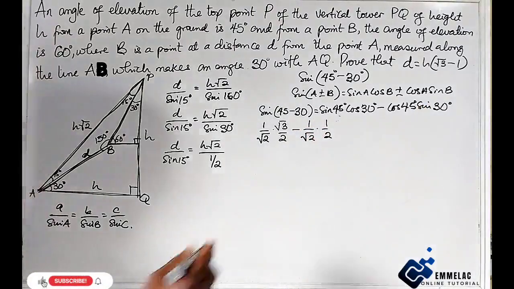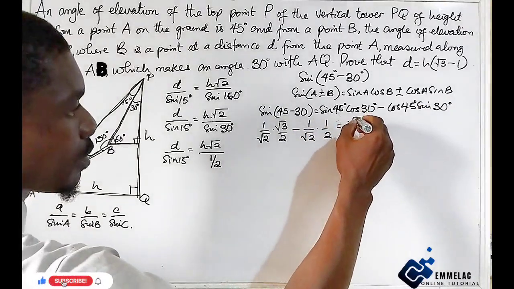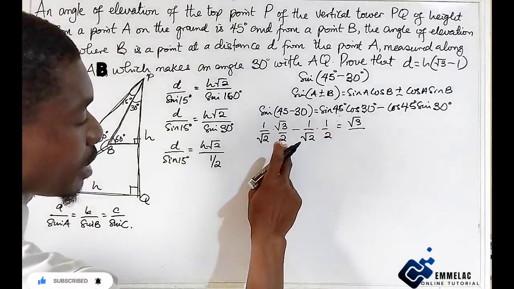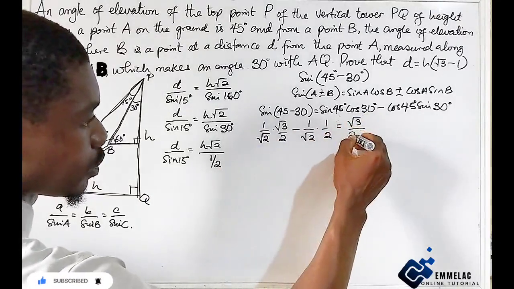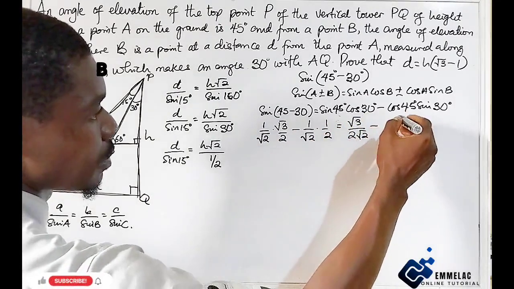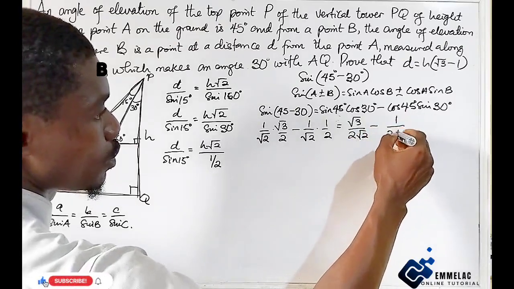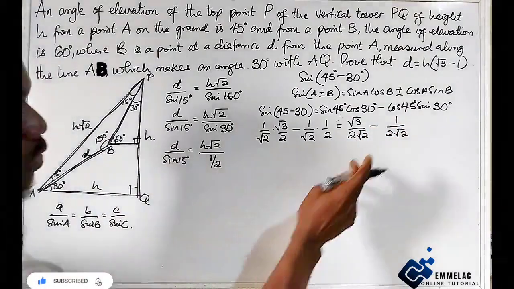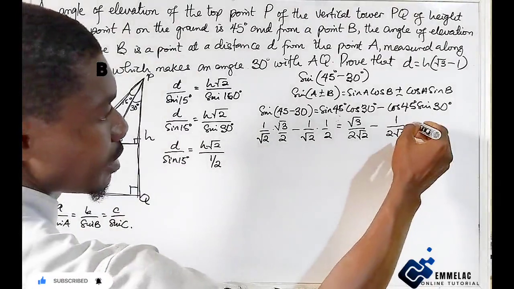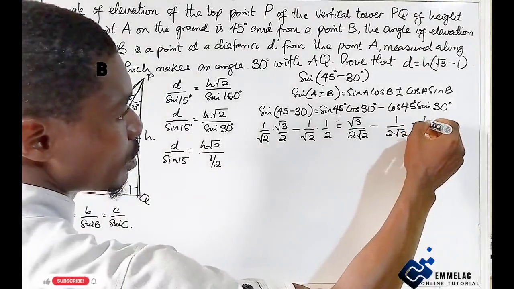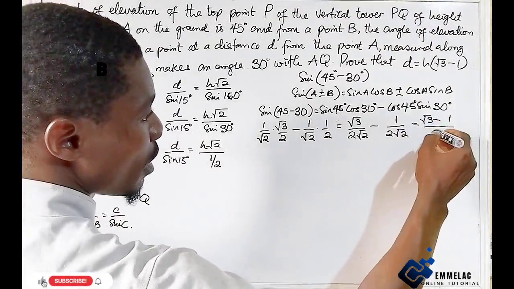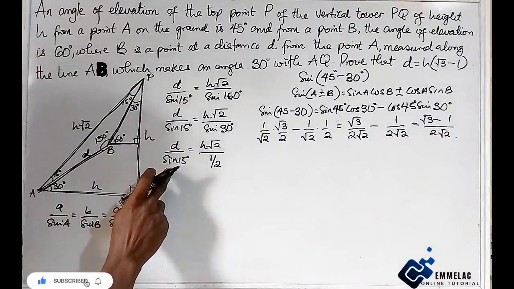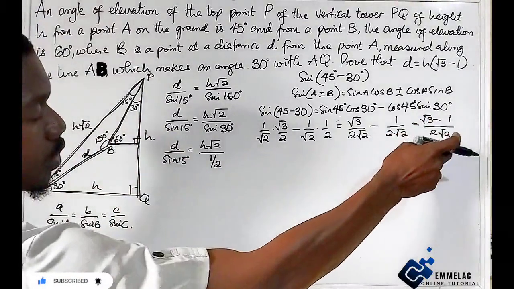Resolving this, we have root 3 over 2 root 2, minus 1 over 2 root 2. I believe you are following. Since we have the common denominator, we have root 3 minus 1 over 2 root 2. So sine 15 is the whole of this expression.